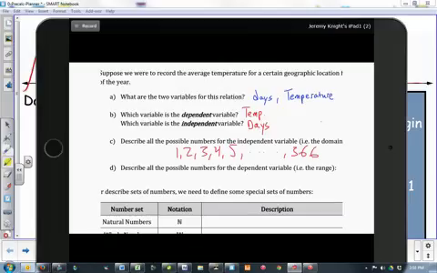What are the possible numbers for the dependent variable, the temperature? Technically it could go on forever. It's not realistically going to be negative 1,000 degrees, but there's nothing to say it can't. Are we talking about numbers like the days, 1 degree, 2 degrees, 3 degrees, and so on?